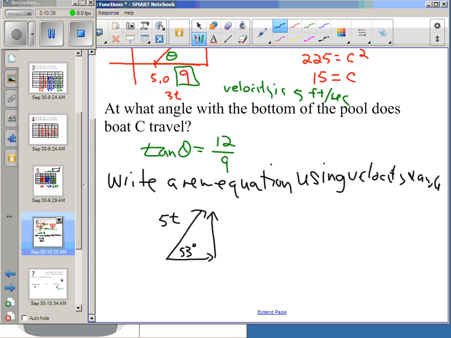And this is 53 degrees. What's my horizontal component and what's my vertical component? We have shown that this right here is going to be 5t cosine 53, and this is going to be 5t sine of 53 degrees.